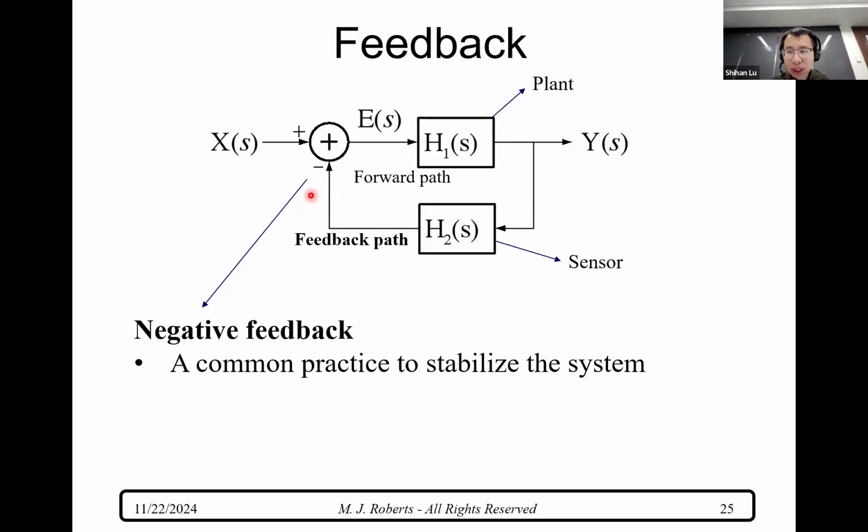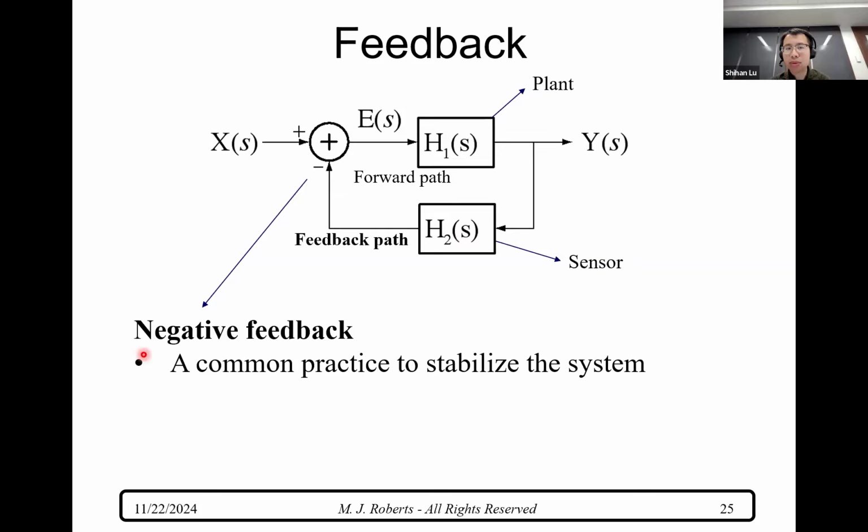This is going to be subtracted from the original system input X of S. We are always subtracting Y of S times H2 of S from the original system input X of S. So this is essentially a negative feedback.